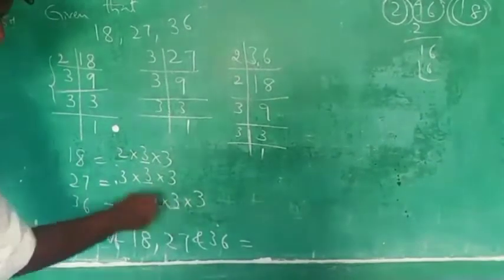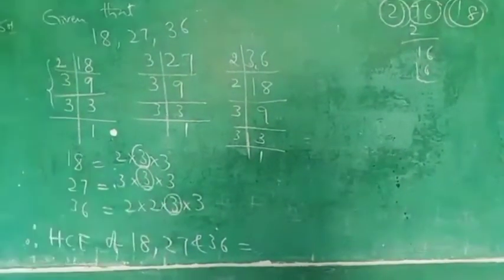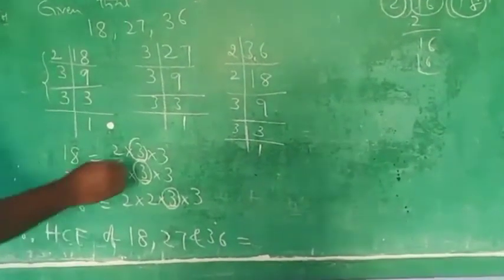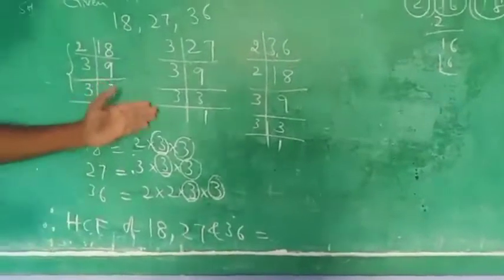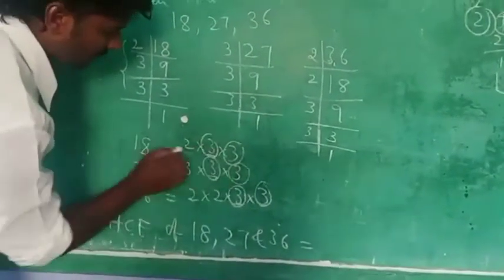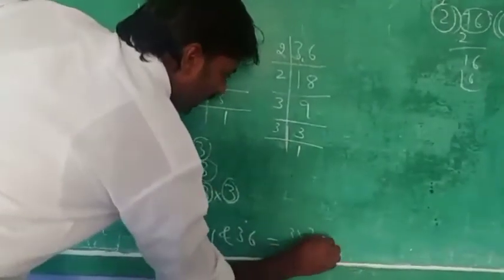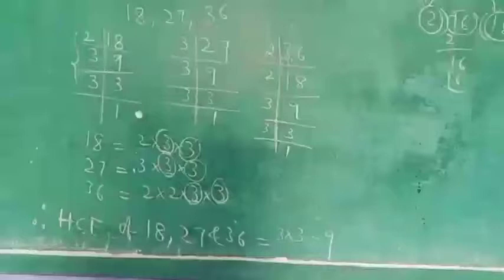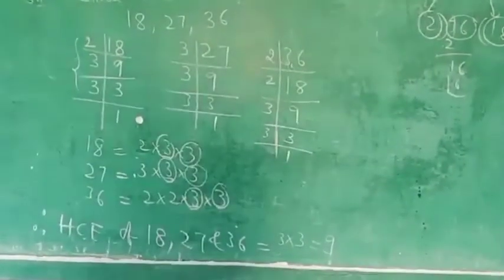Here also, here also. So I can take 3 as common. Is there any common again? Yes, one more. So don't take all these values; only take those occurring in every number. So 3 into 3. The answer is 9. Therefore, the HCF of 18, 27 and 36 is 9.